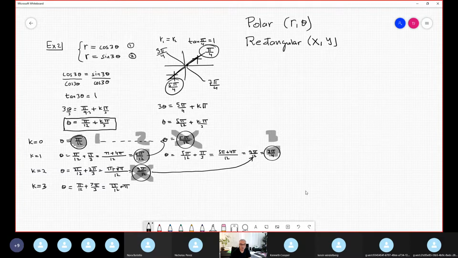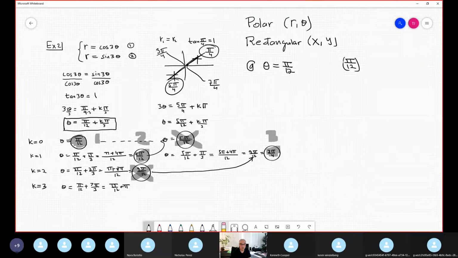Let me organize this. Theta equal pi over 12. By substitution, r is equal to cosine of pi over 12 times 3, because the coefficient is 3. r is equal to cosine 3 times theta.